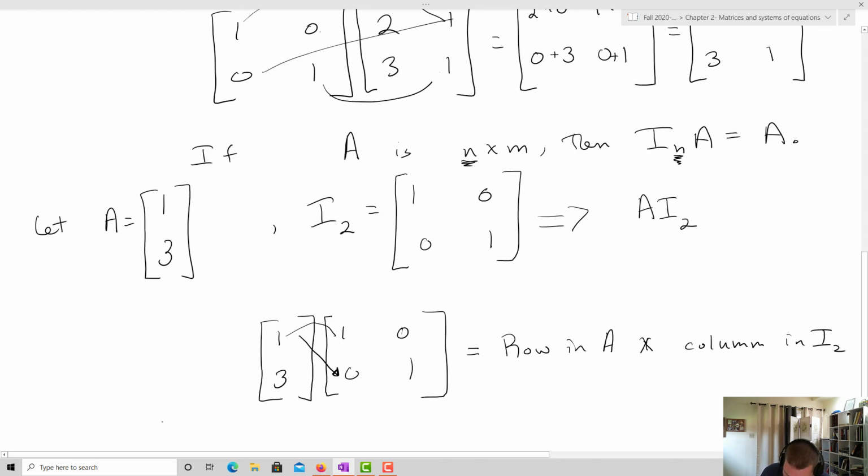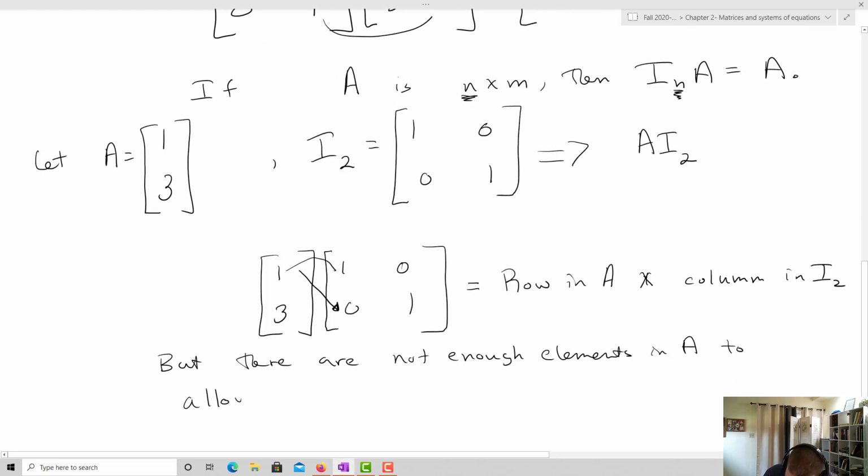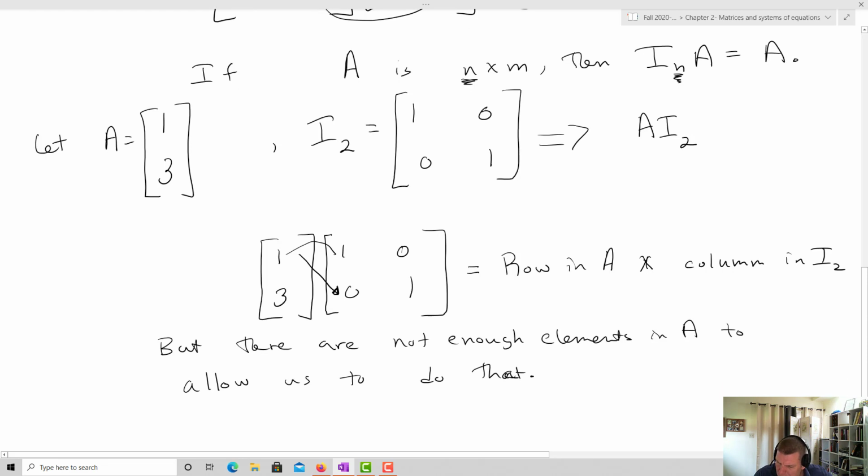But there are not enough elements in A to allow us to do that. So we actually can't do that, and I think I talked about this a little bit inside of the video. But let's talk about under what conditions we can actually do multiplication.